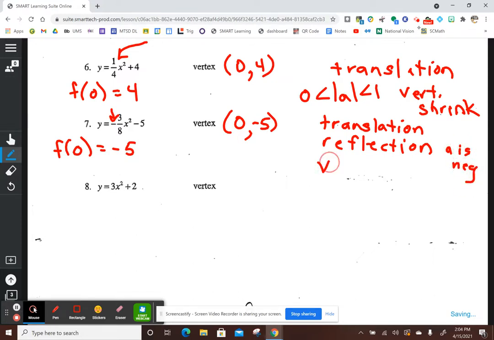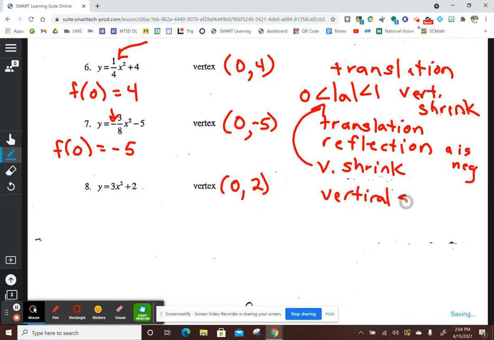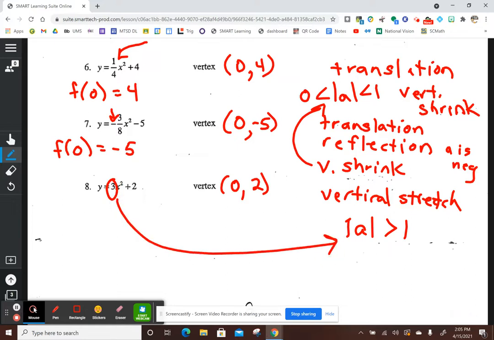And it's also a vertical shrink. Why is it a vertical shrink? Because a is in between 0 and 1. Finally, the last one, my vertex is 0, 2, and this is a vertical stretch. Why is it a vertical stretch? Because the absolute value of a is greater than 1, because 3 is greater than 1.